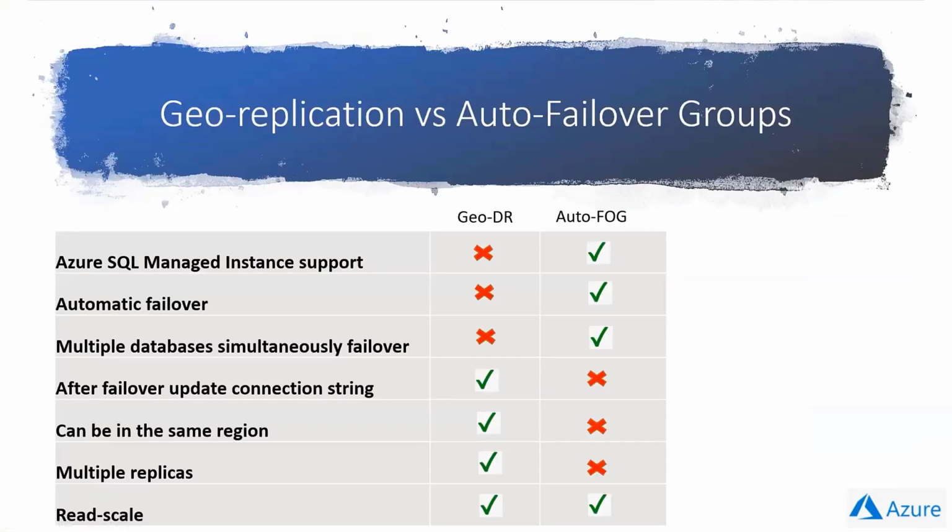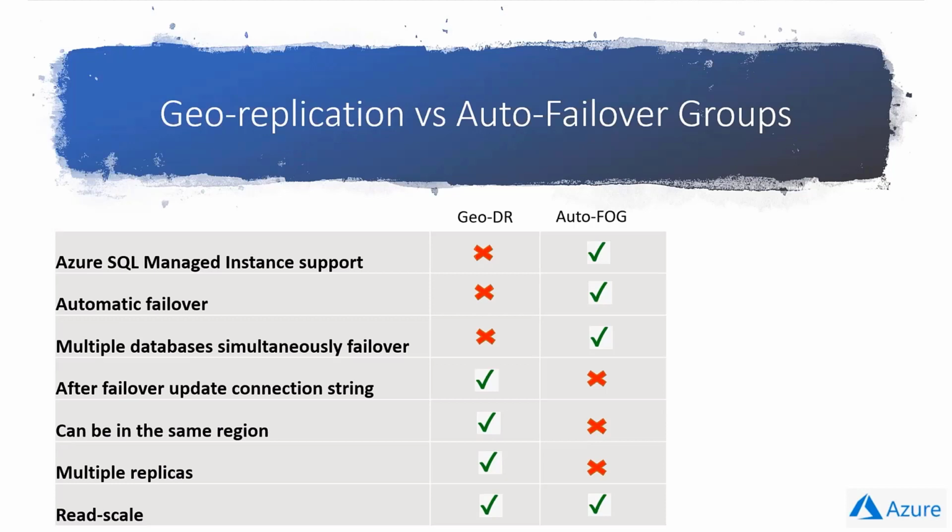Now, for Geo Replication, when we talk about Geo Replication, we have also to talk about auto failover groups. So you might be thinking, well, what is this auto failover groups? So auto failover groups is a feature that allows you to manage the replication and failover of a group of databases.